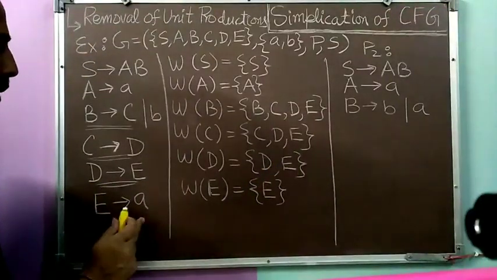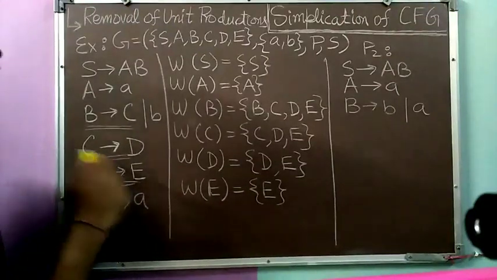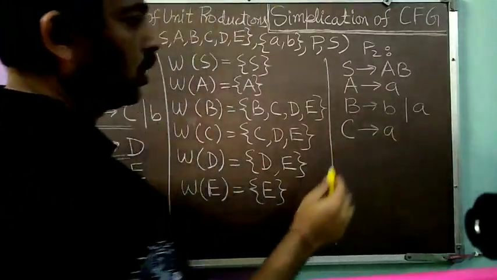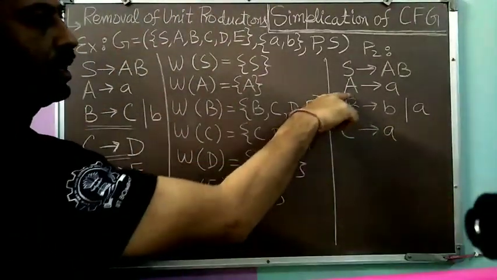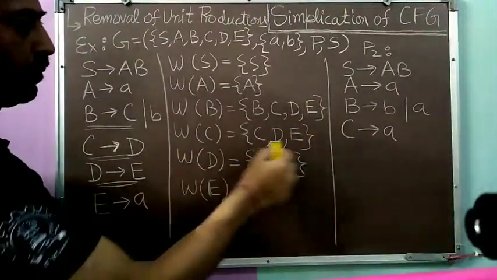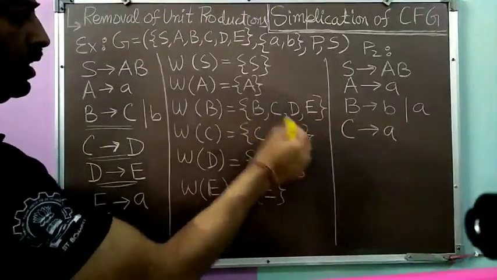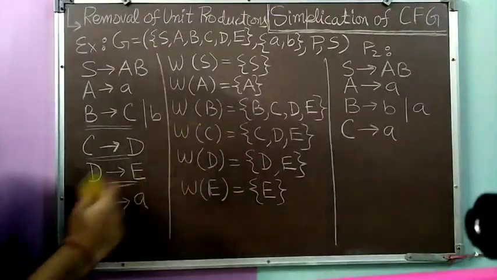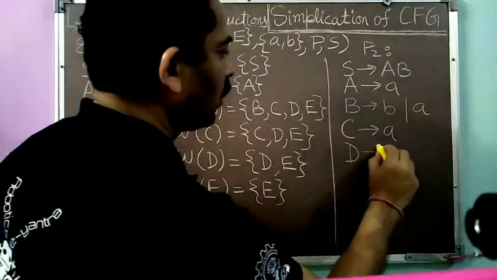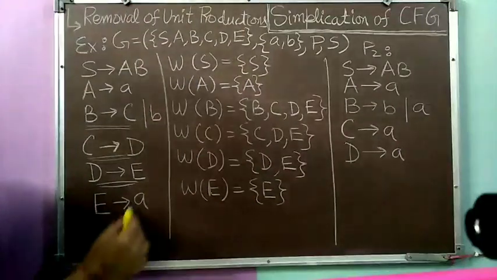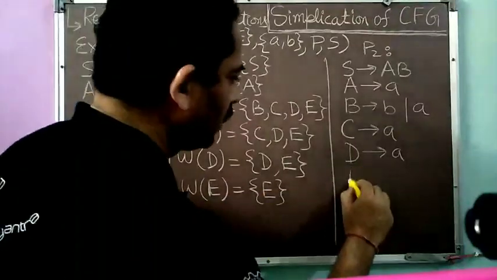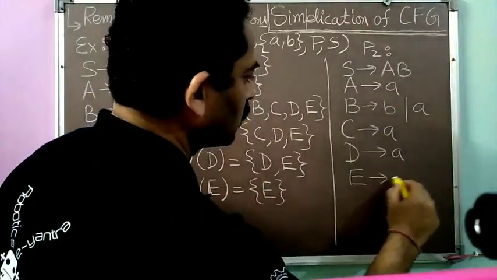So its right hand side will be made the right hand side of the variable C. So simply I will include a production capital C to small a, in the similar manner as I added capital B to small a. I have processed all the variables present in WC. Now I will come to the next variable, capital D. In the similar manner, capital D will also include small a, and for capital E, I have a non-unit production already present: capital E to small a.